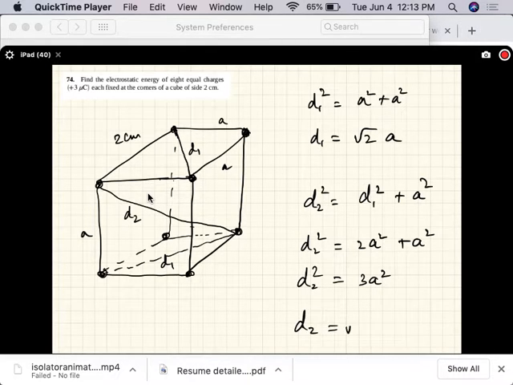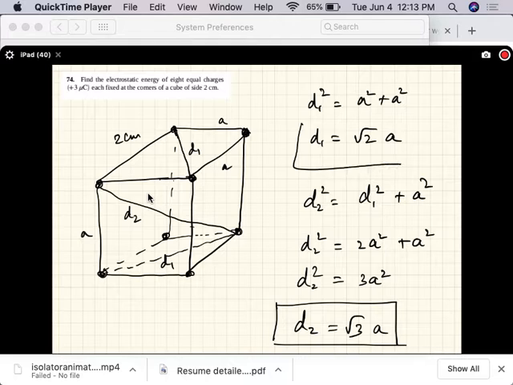So D2 is root 3 times A. D1 is square root of 2 times A, and D2 is that.